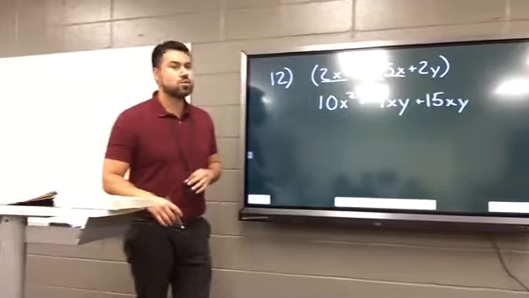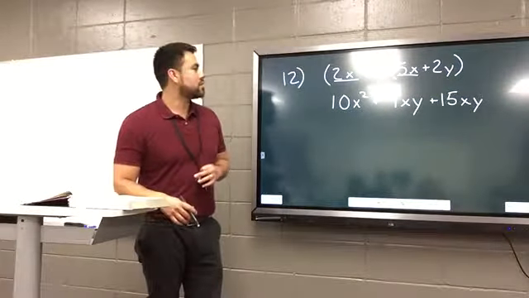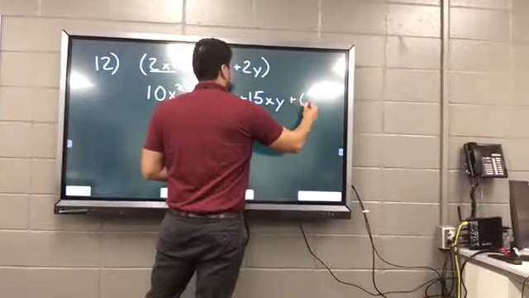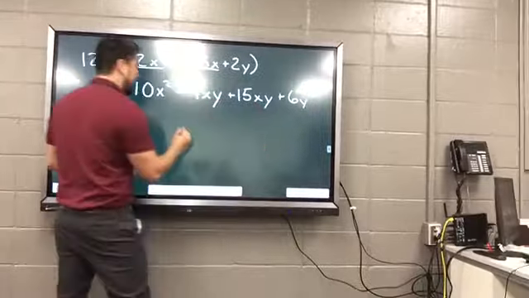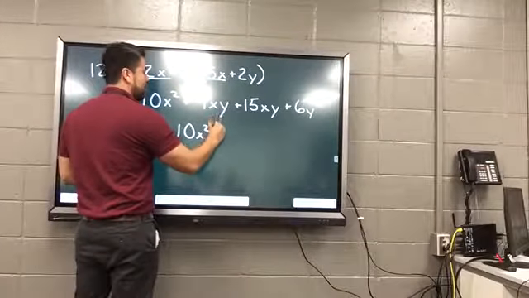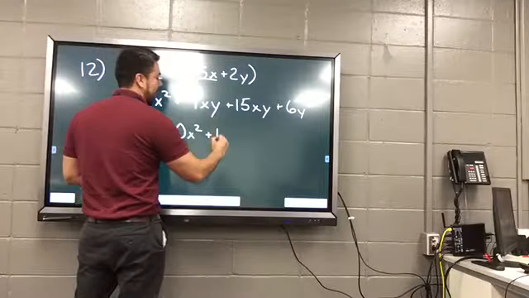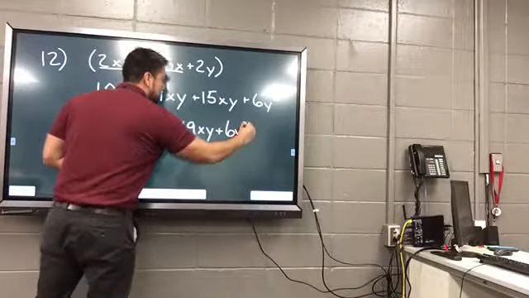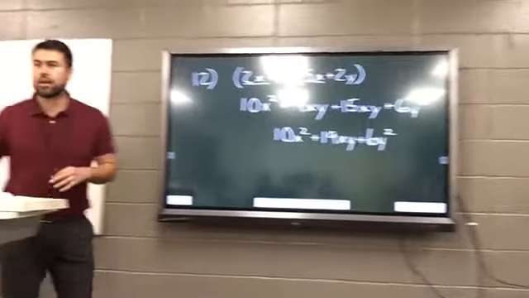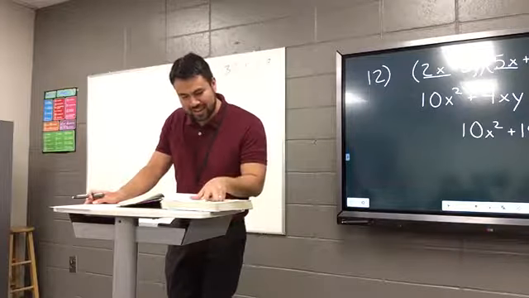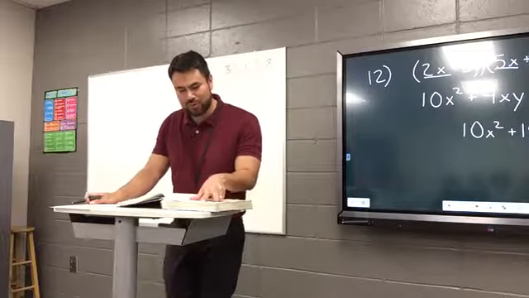And then the last terms, 3y, 2y, multiply to give me positive 6y squared. So I end up with 10x squared plus 19xy plus 6y squared. So that's your answer for that one. Good?